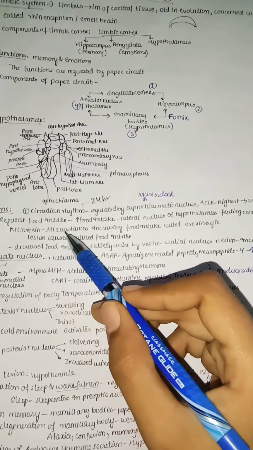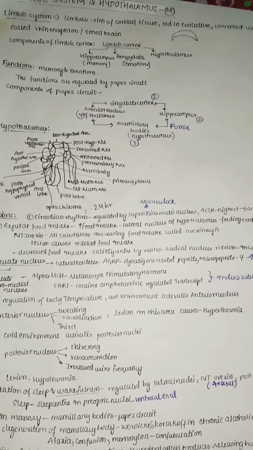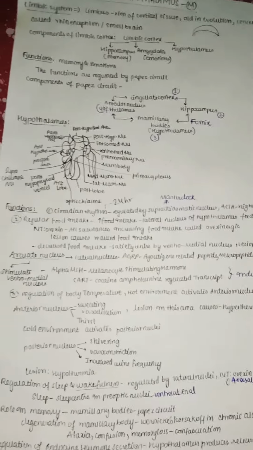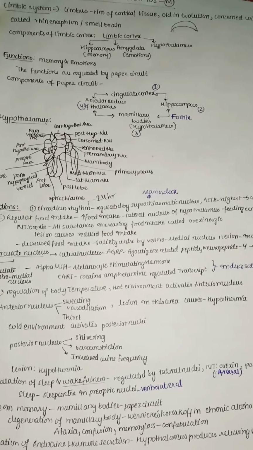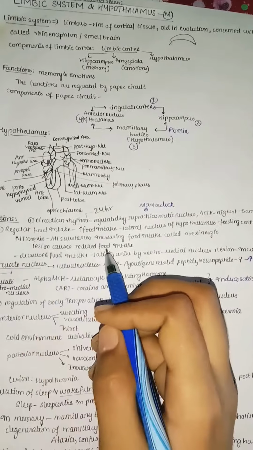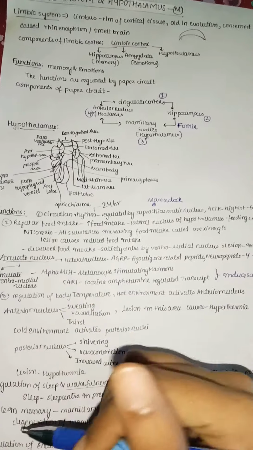Orexin is a neurotransmitter which increases food intake, hence orexinergic. So any lesion here will cause reduced food intake. If there is any lesion in orexin, it will lead to decrease in food intake.